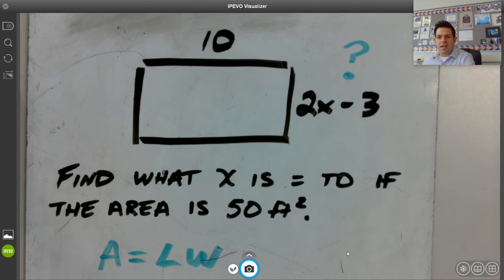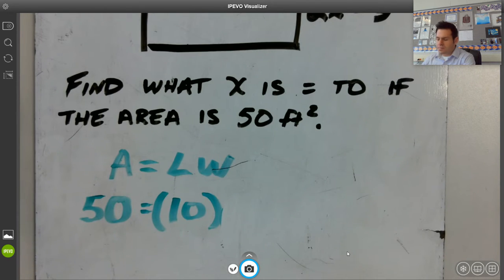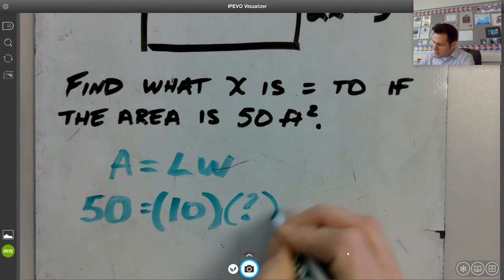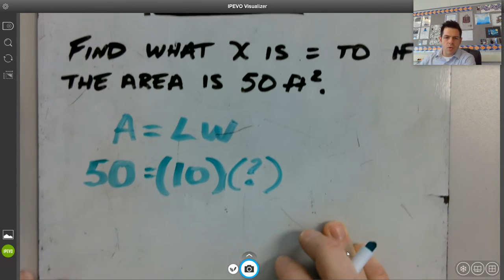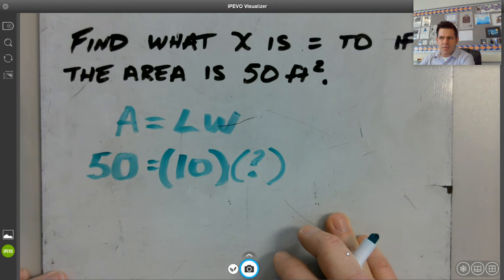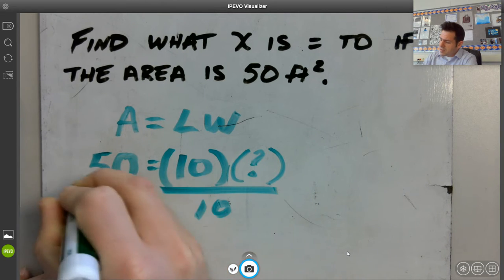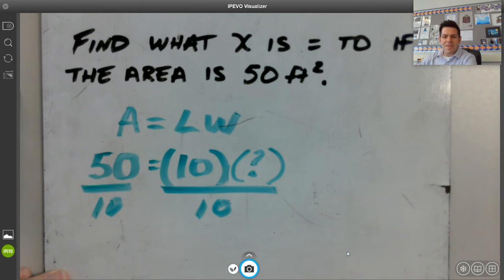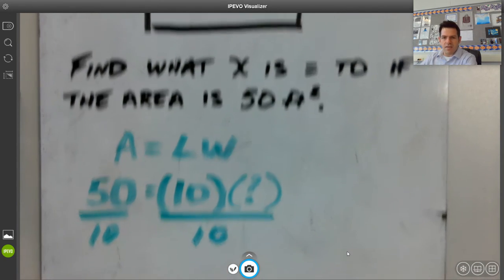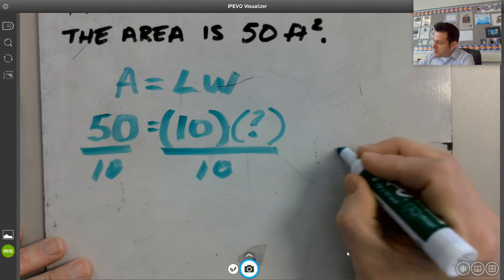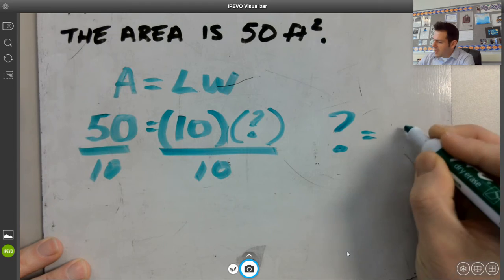Well, if I do 10 and understand that there's a question mark there, I don't know what this is. Maybe you can say to yourself, hey, wait a minute, length times width is equal to 50 here. If I just divide both sides by 10, then that means the other side in the problem, not the 10, would have to be 5.